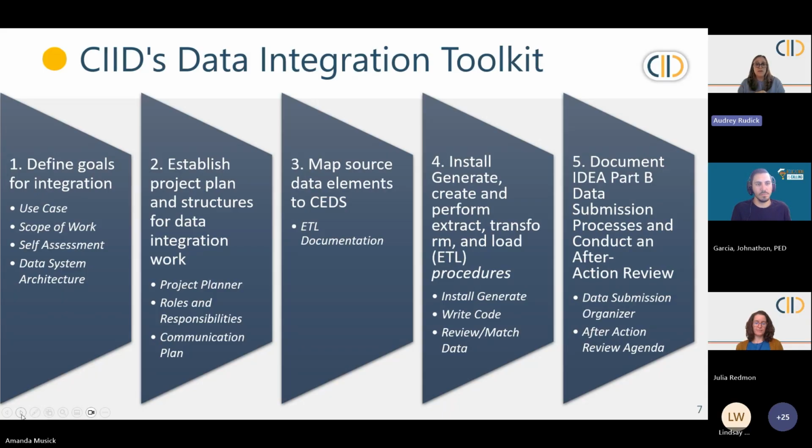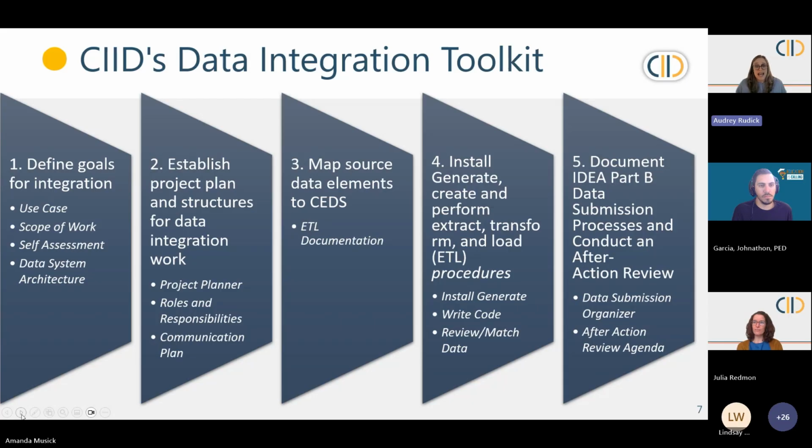We also develop a scope of work, which outlines what will be included within the project, and complete a self-assessment to determine what structures are in place and what can be improved upon. The review of current data system architecture, in addition to having questions about what that architecture might look like in the future, is completed in step 1, so that we know where we are and where we're heading once the project's complete.